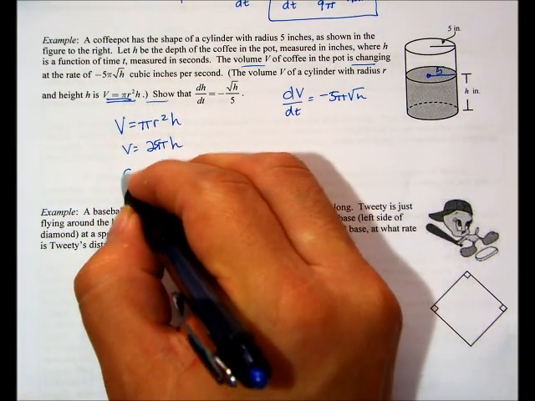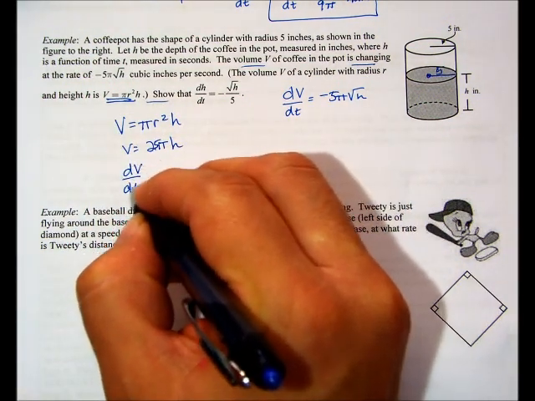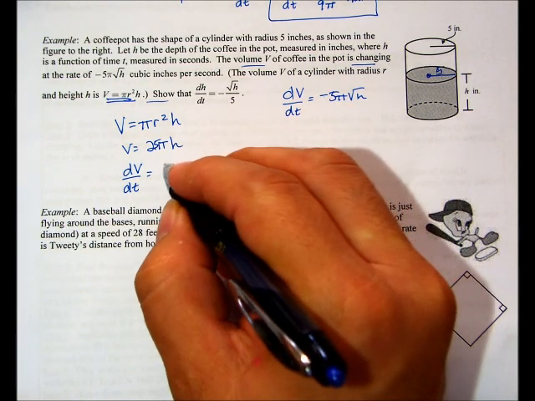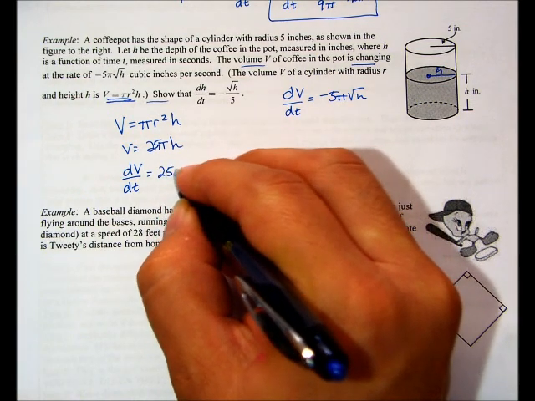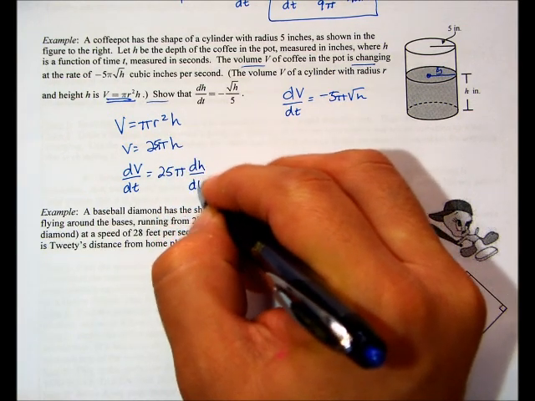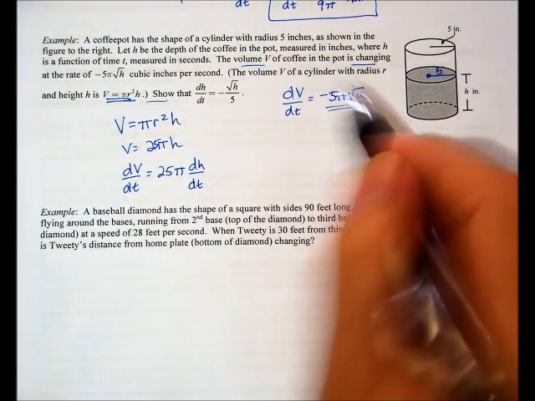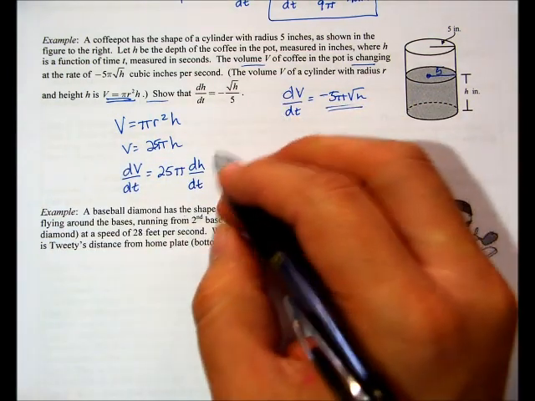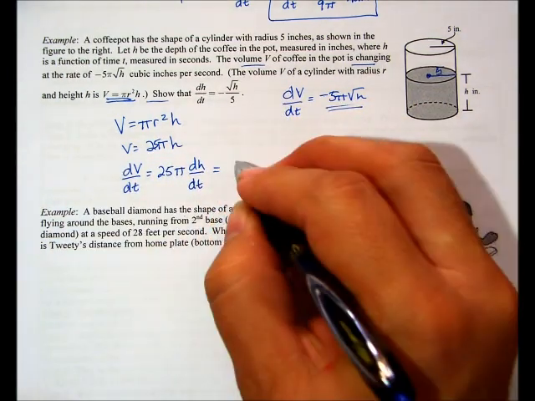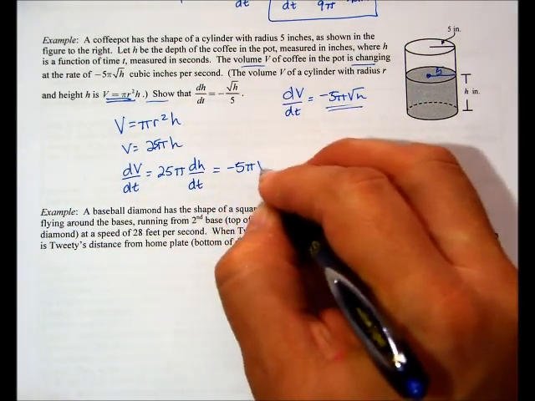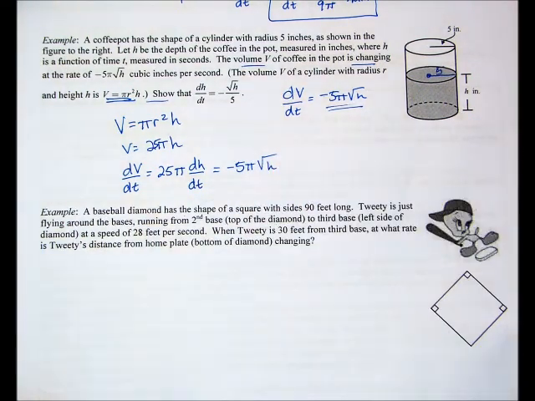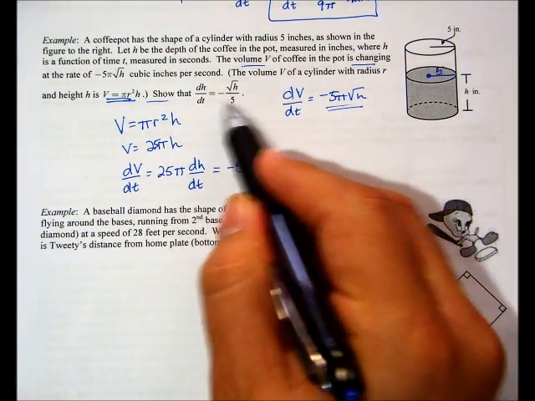Now I'm going to take a derivative. So dV/dt, again, implicitly with respect to time: 25 pi dh/dt. And fill in what I know. I know that dV/dt is negative 5 pi root h, so this is going to be equal to negative 5 pi root h. And we want to show that dh/dt is equal to this here.